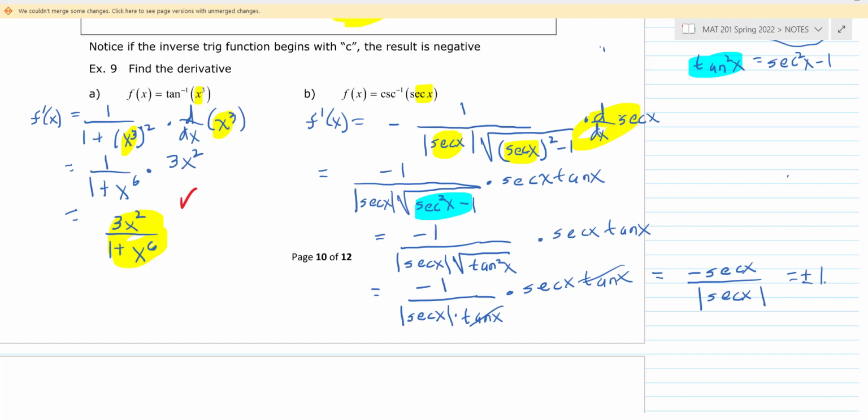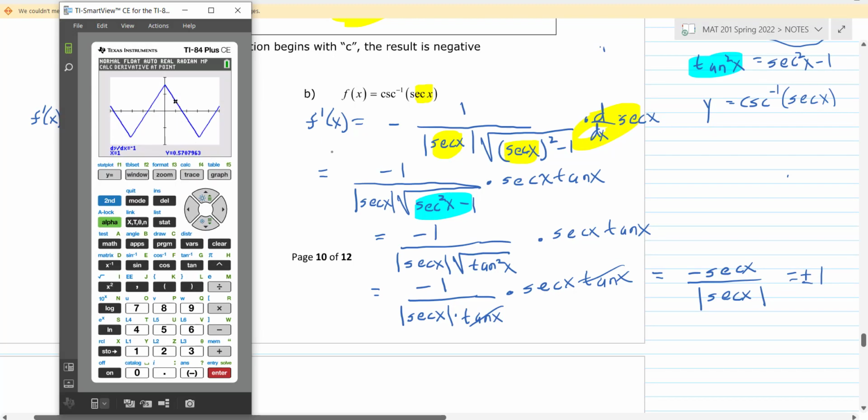I think the best way to show this is on a graphing calculator. If we're doing y equals inverse cosecant of secant x, a TI does not have an inverse cosecant button on it.